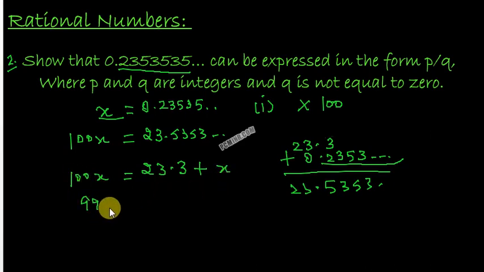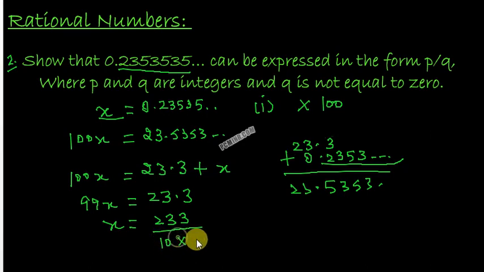Now if I take this x to the other side, I would get 99x is equal to 23.3, or x is equal to 23.3 over 99, that's cross multiplication. I can remove the decimal sign here and put a 0 down. So that would make 10 into 99.